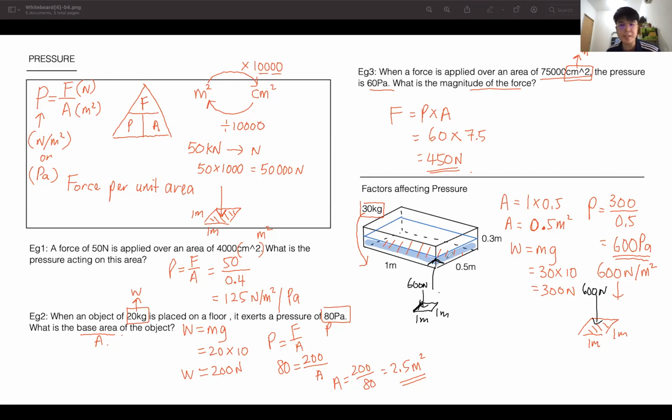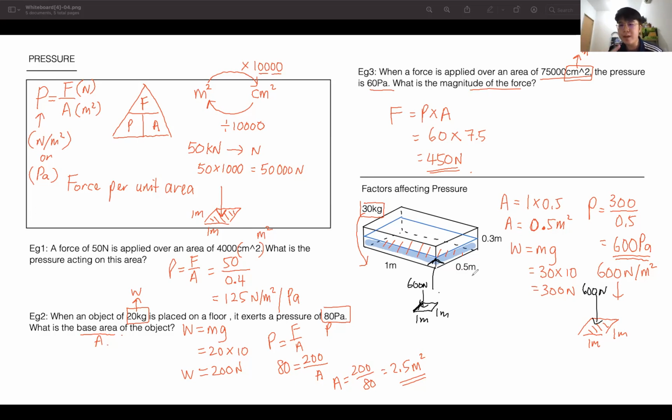Now, how do I increase the pressure? What are the factors that could increase or decrease the pressure? If we know that the pressure is the force over an area, it is how the force is being distributed or spread over an area.